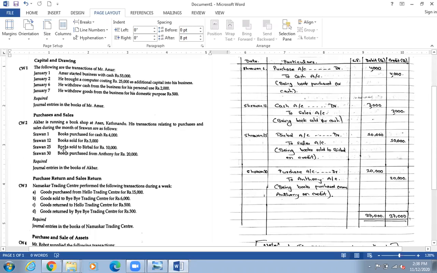Number 25. So book sold to Birbal for rupees 10,000. Okay, book sold to Birbal for rupees 10,000. So के गर्ने त? Okay, so sale कहाँ लेख्ने? अरे तलपट्टि लेख्ने। Purchase कहाँ लेख्ने? मास्तिर लेख्ने है। So book sold to Birbal for rupees, is there anything mentioned like cash मा बेच्यो, credit मा बेच्यो? छ छैन?